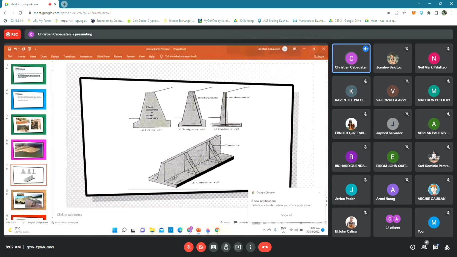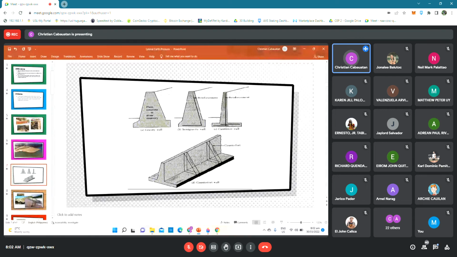Okay? So for counterfort wall, as you can see, they provide some counterfort, okay, to strengthen your wall, and then to provide some supports from the upper portion of your wall up to the bottom part of your wall or to the soil, doon sa mismong baba niya.